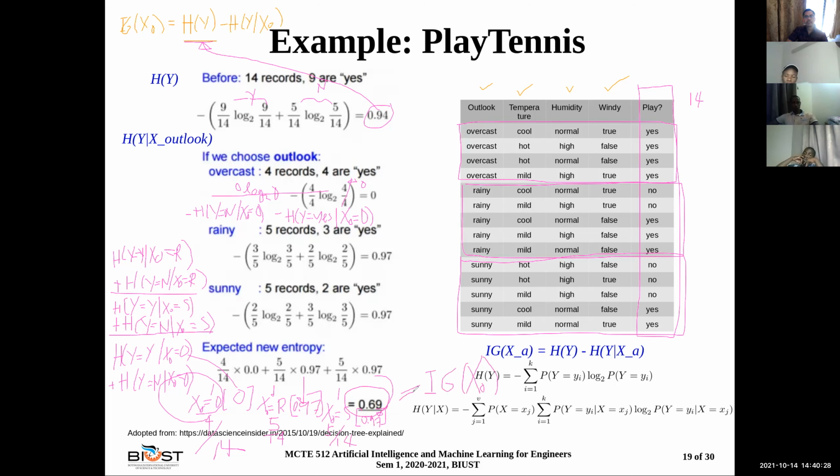You understand? Okay, let's go to the next attribute so we can appreciate it more.